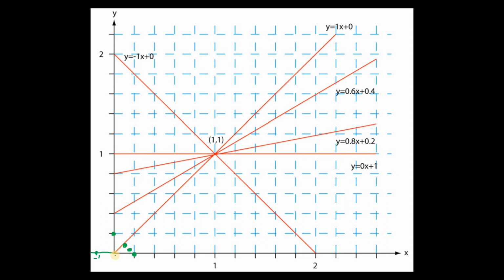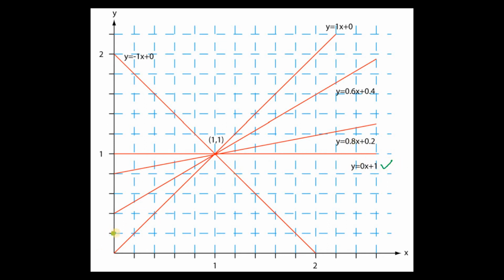Yeah, I messed it up. Let me do it again. Let me start from this side. M is 0 and B is 1. So it is this point. So I was wrong. So this one is done.